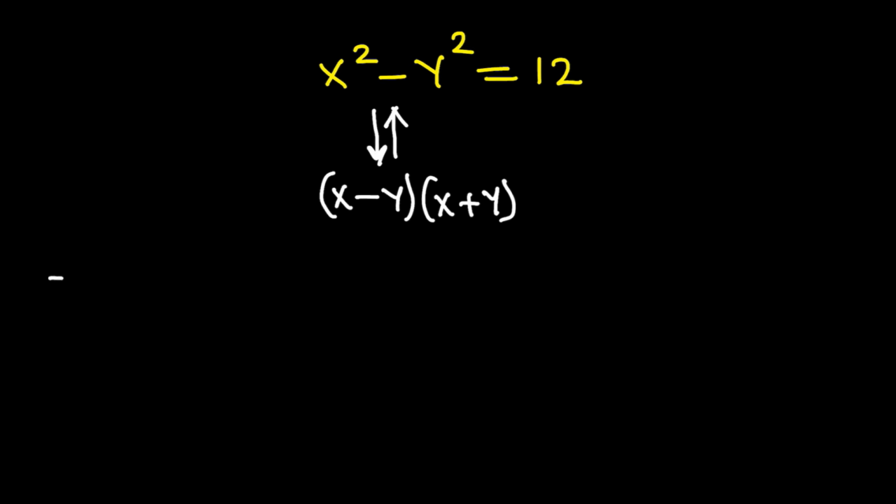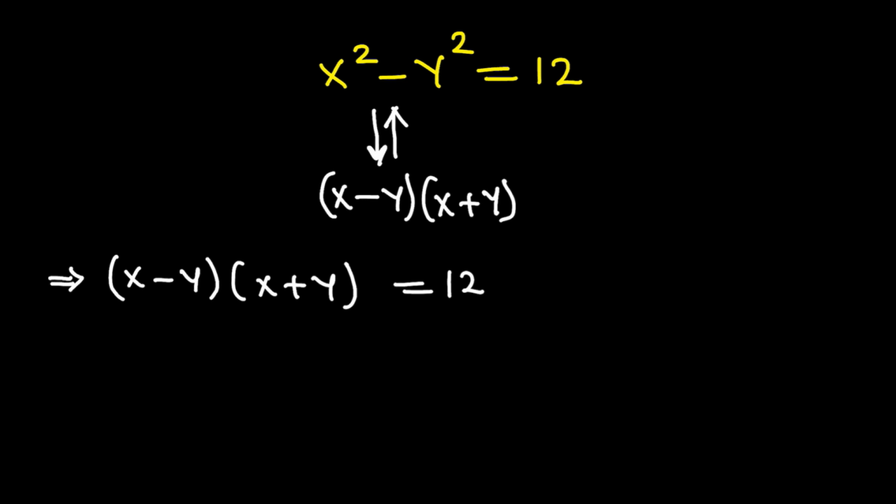So this implies that x minus y times x plus y is equal to 12. If you look at 12 itself, it can be expressed as a product of 1 and 12, or negative 1 and negative 12.